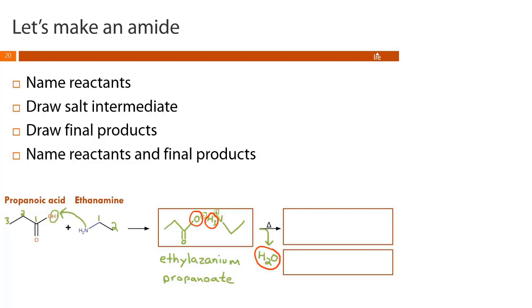So as always with either an amide or an ester, I'm going to start with the 3 atoms I know have to be there. So for an amide, we have to have a carbonyl attached to a nitrogen. And then from there, I'm just going to fill in the rest of the atoms. So we know we have 3 carbons on our carboxylic acid residue.